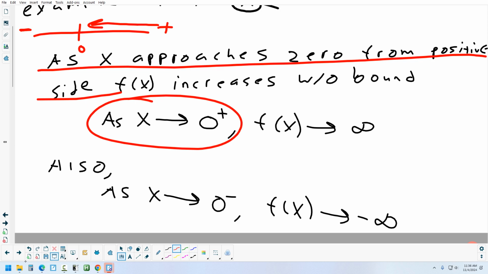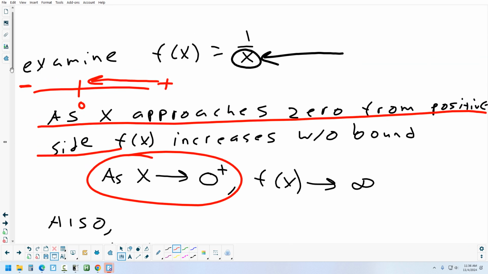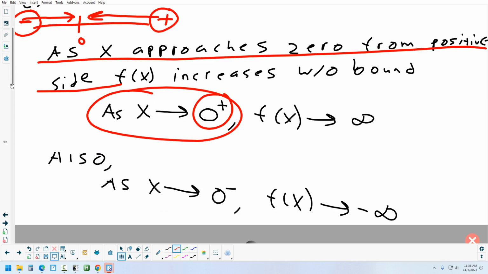You're coming from the right side. Or left side, heading to the right. So the positive side is over here. The negative side is over here. And this is the notation you use to describe which side you want to come from. The positive side or the negative side.